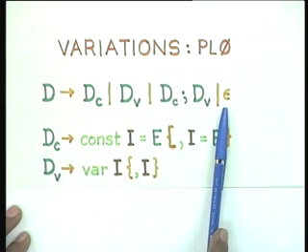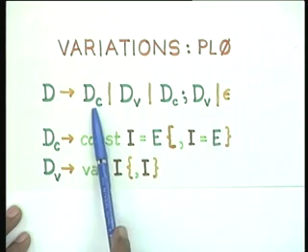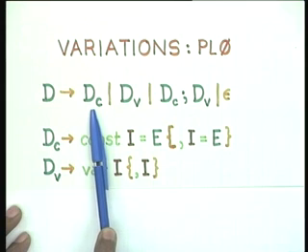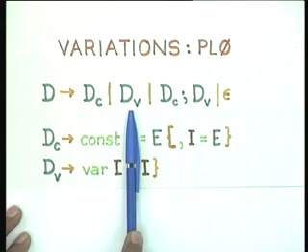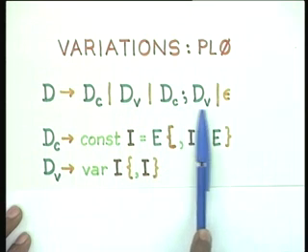For one thing, you could have just a sequence of constant declarations, just a sequence of variable declarations, or a sequence of constant declarations followed by variable declarations.